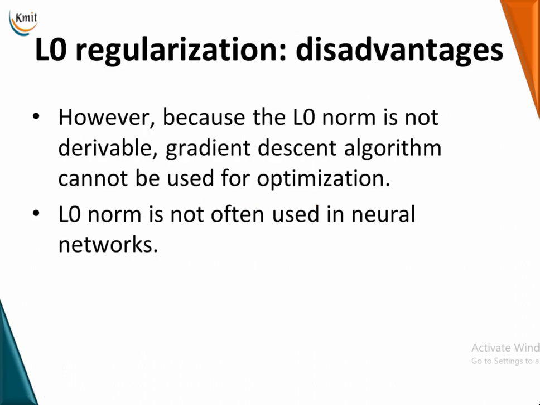The major disadvantage of this type of regularization, and the reason it is not used in neural networks, is that it is not at all differentiable. You all know that for optimization and for backpropagation inside a neural network, you require something which should be differentiable. You should have a gradient, because we are working with the gradient descent algorithm. So L0 norm regularization is not at all differentiable. That is the reason that it is not used in neural networks.